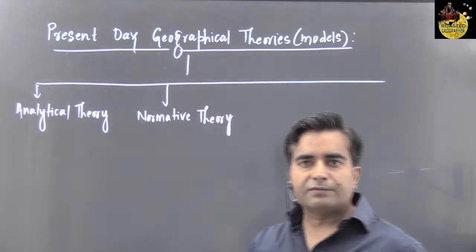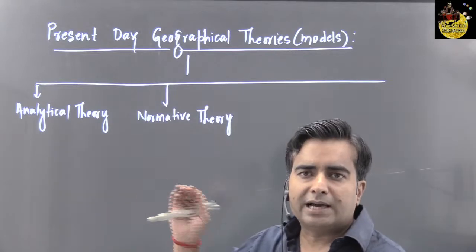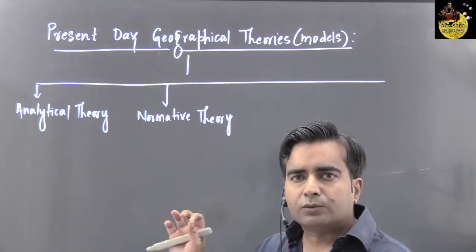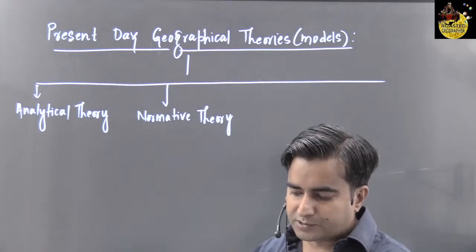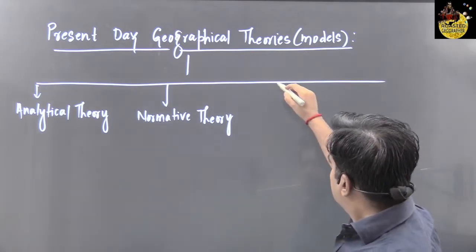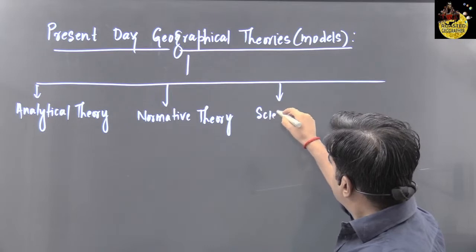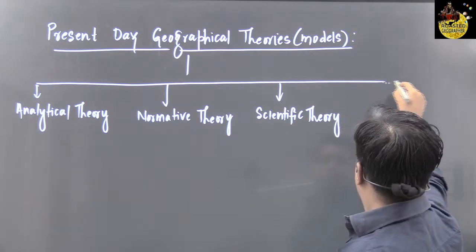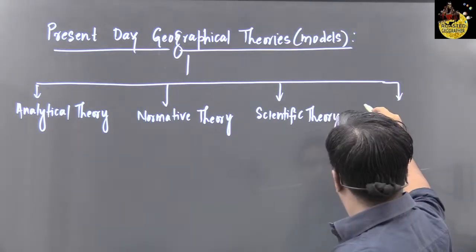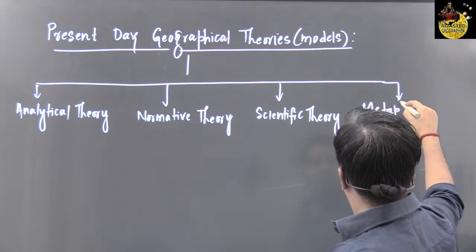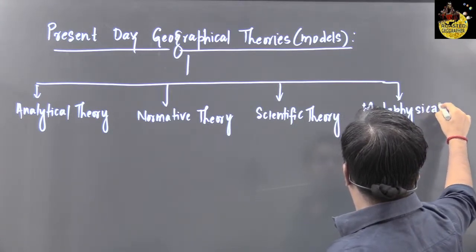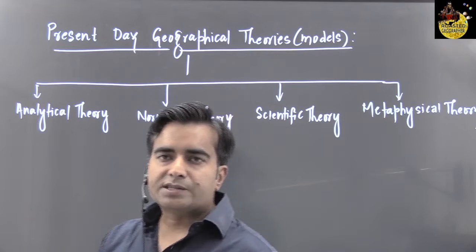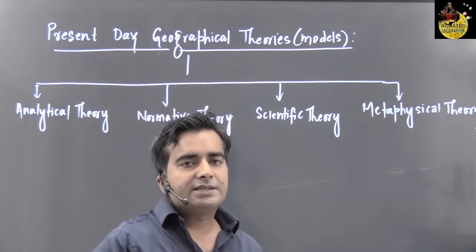So different types of theories, though any theory can be utilized anywhere, but the primary purpose and utilization of each is somewhat defined, that is, where they will be used. Scientific theory, and metaphysical theory. This part is visible, right? Metaphysical theory. So these are the four types.